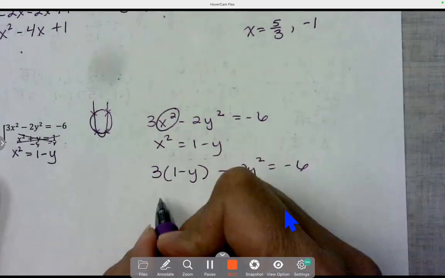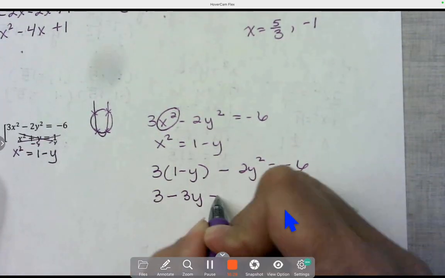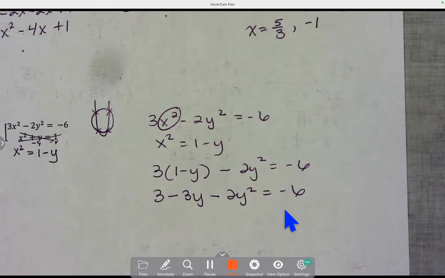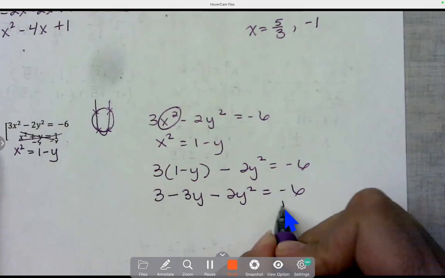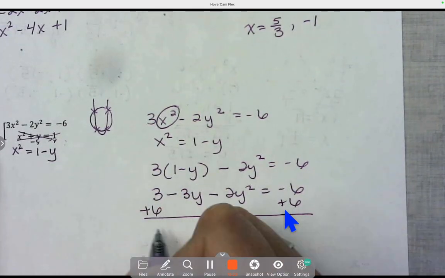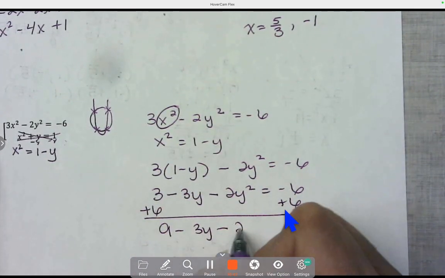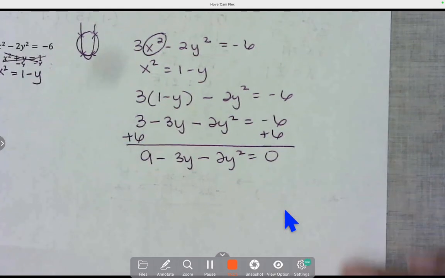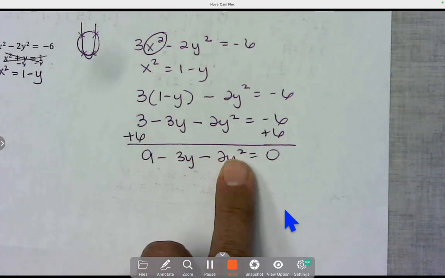Okay, so now we're going to distribute. It's quadratic, so we're going to set it equal to 0, so I'm going to add 6 to both sides. Then I don't like the order this is in if I want to factor, so I'm going to rewrite in standard form so that this term comes first.